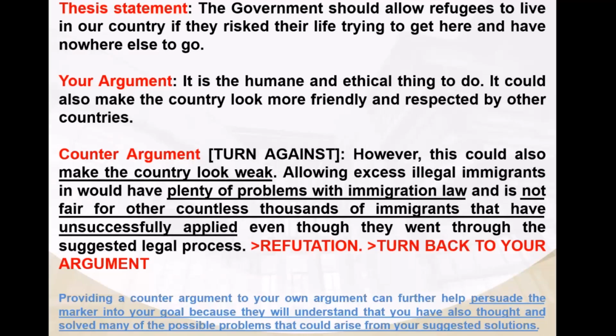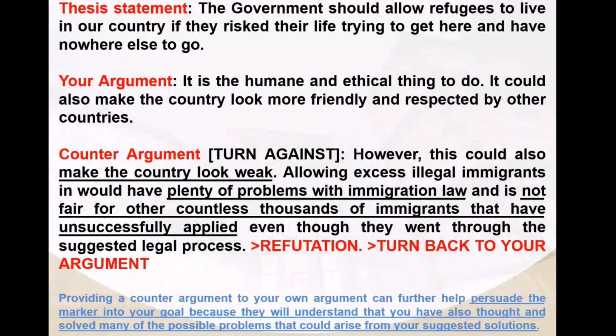And then having done so, I want you to turn back to your argument. Your argument is it is a humane and ethical thing to do to allow refugees to enter into our country. It will make our country look friendly. It will also become respected before other nations in the world. So what is your activity?